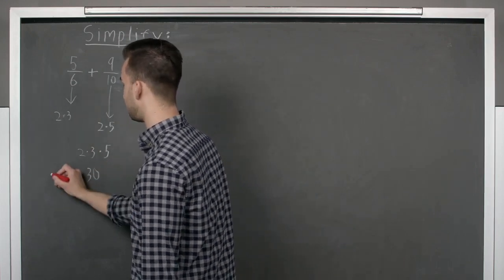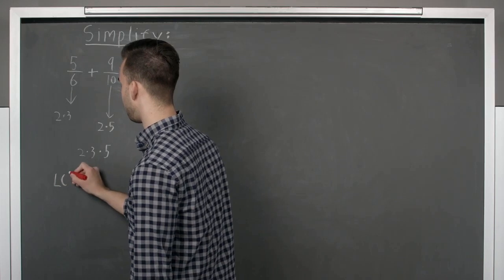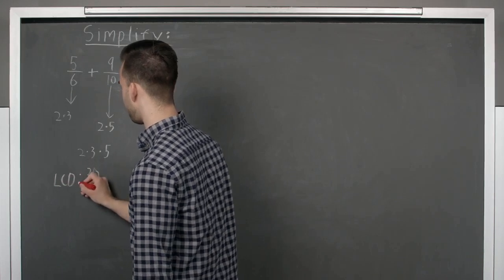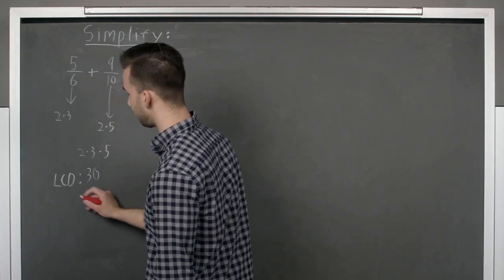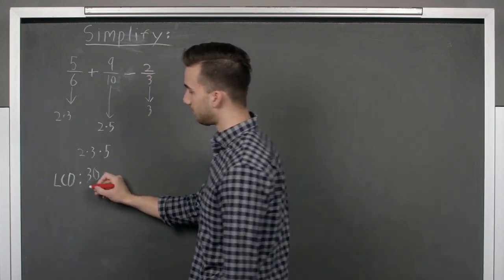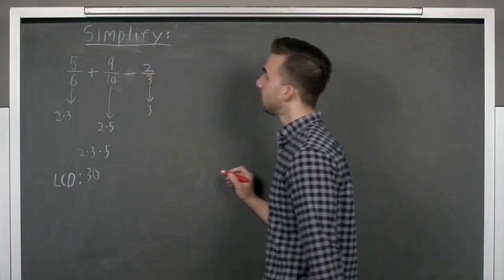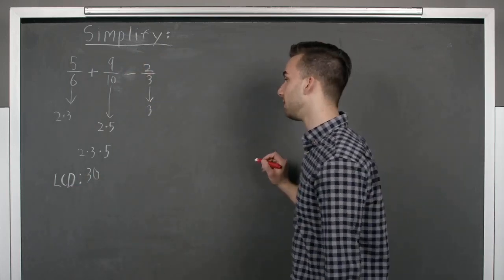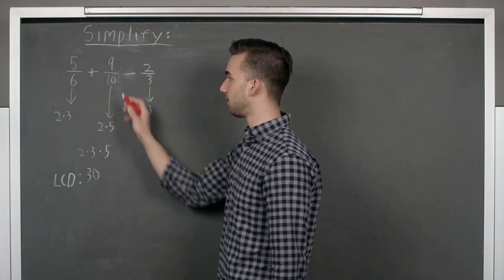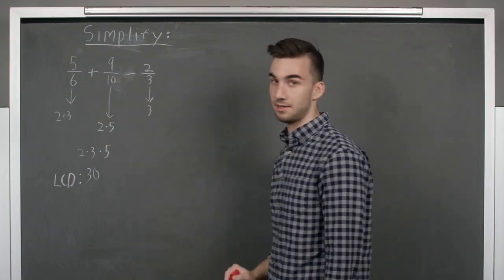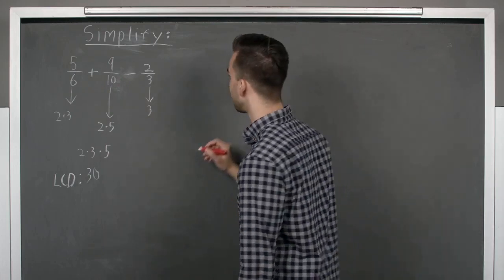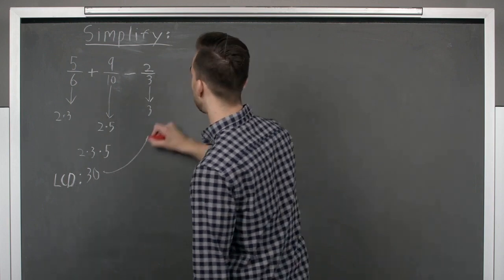Is our least common denominator. I'm just writing it like that so we can remember LCD. So our next step is to convert each fraction into something having the denominator of 30. Let's do that. Let's bring all that up here.